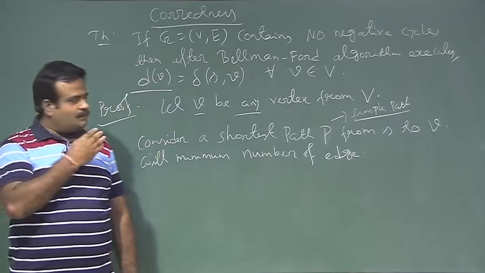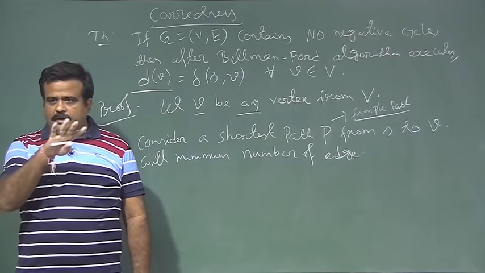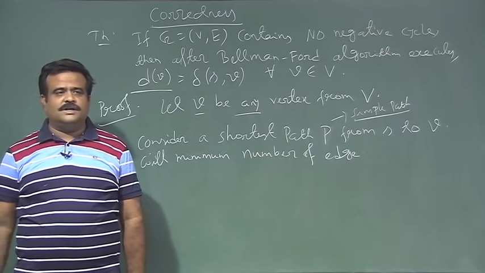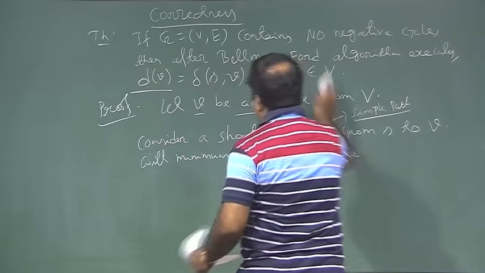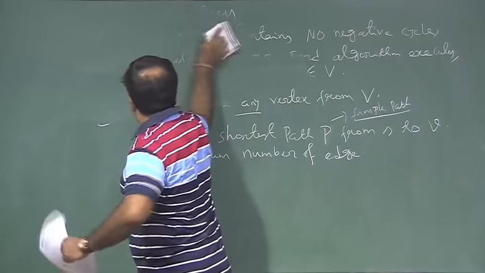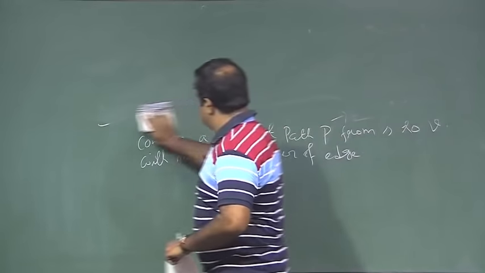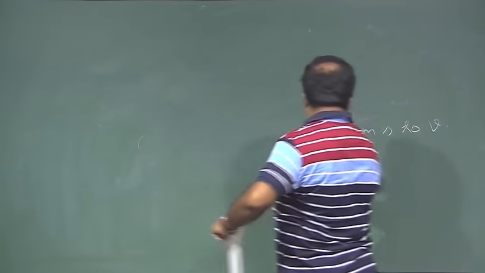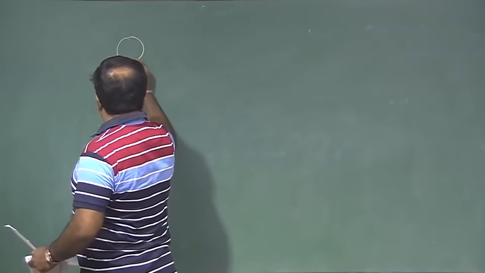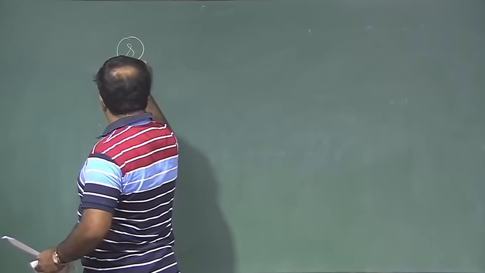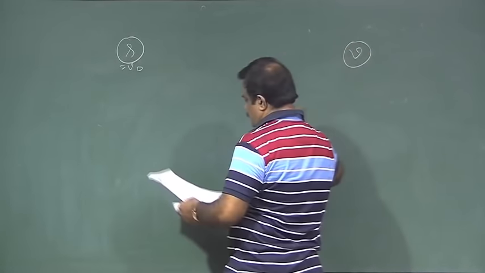So, the path P will have distinct vertices, with no repetition of the vertices. Okay. So, let us consider this path P and write it down. We have S, which we denote by V0, and we have V over here.